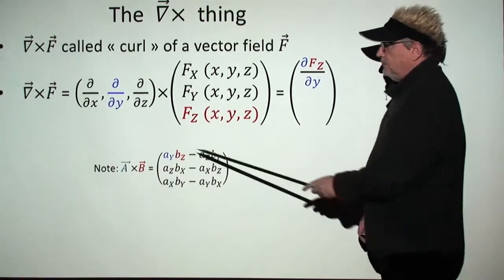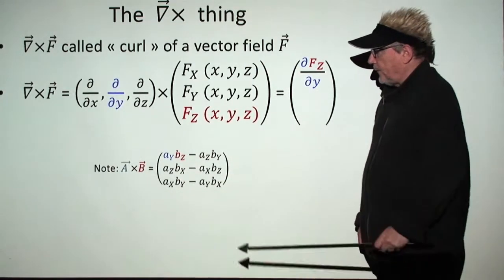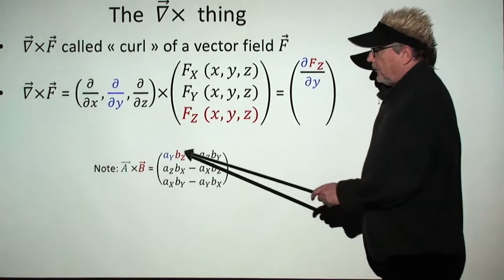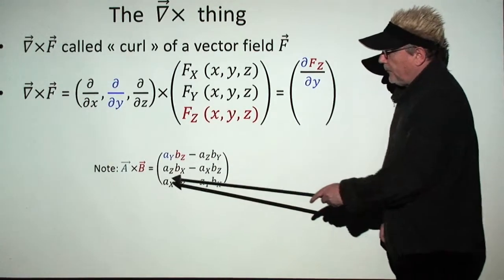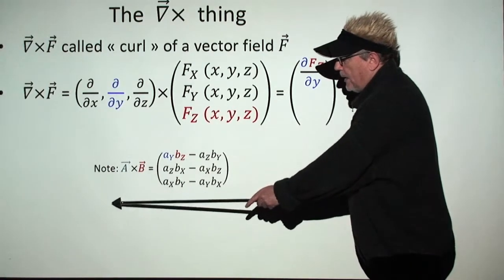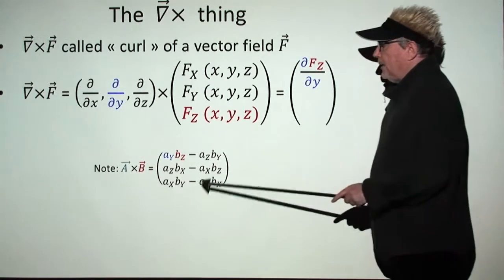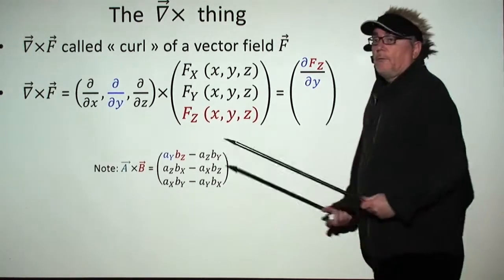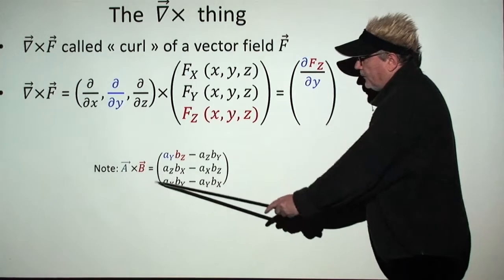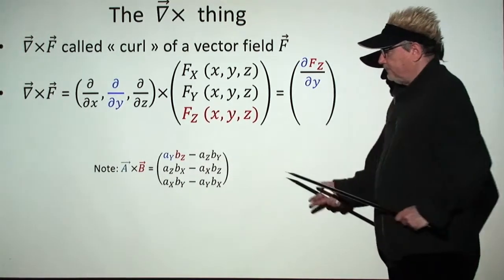Now, if you remember, when we defined the cross product, we saw that the result would have those coordinates. If you assume that, for instance, A is equal to AX, AY, AZ, and B is equal to BX, BY, BZ, then the cross product, which is a vector, will have these coordinates here: first one, second one, and third one.